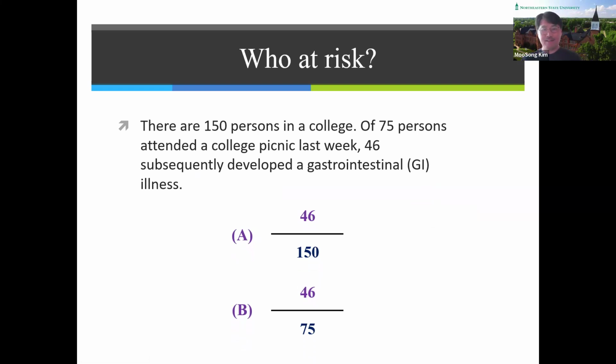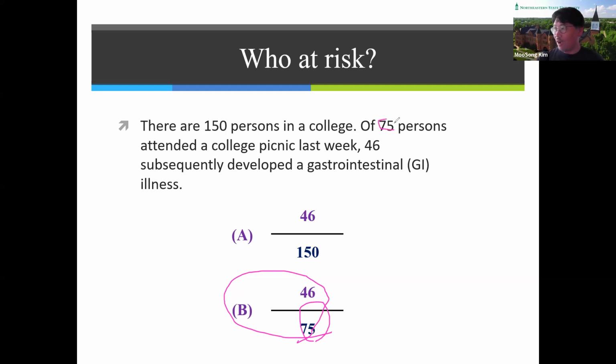Think about it. A or B? The answer should be B, 75. Who is at risk? Even though there are 150 in the college, not all the college's people went to the picnic, right?